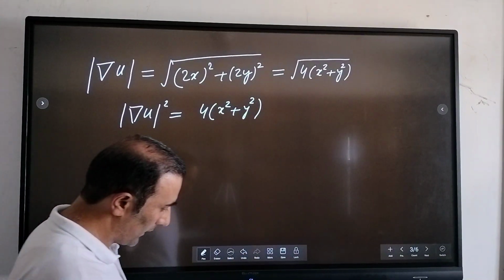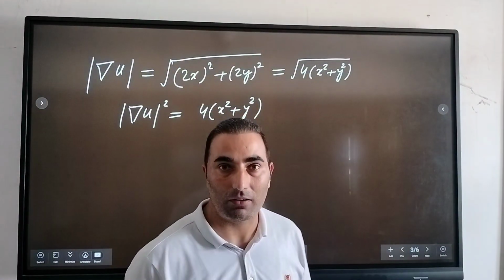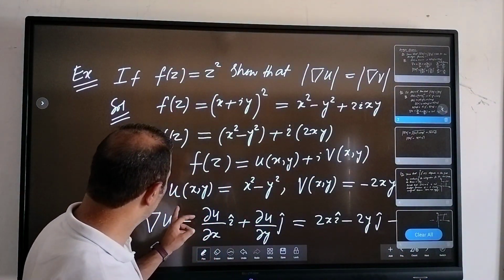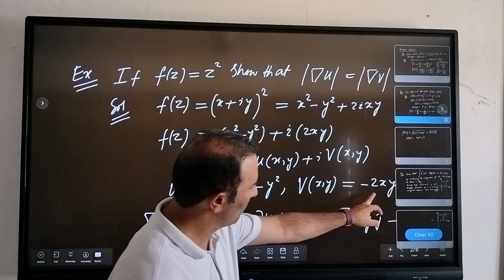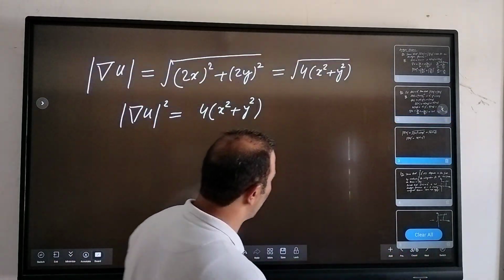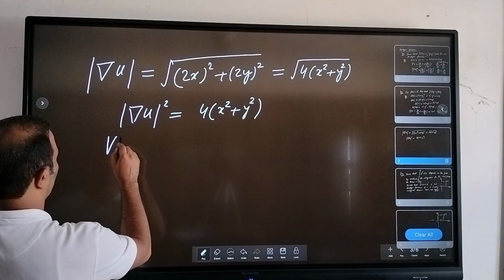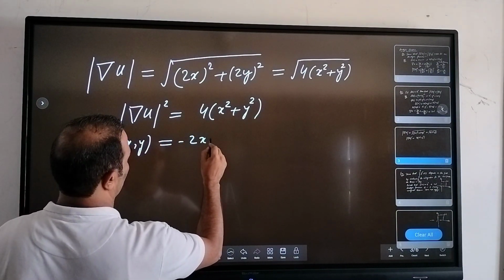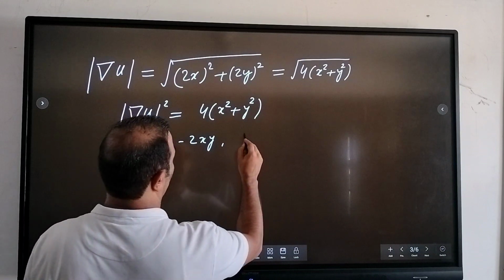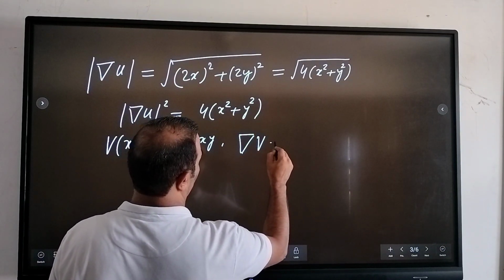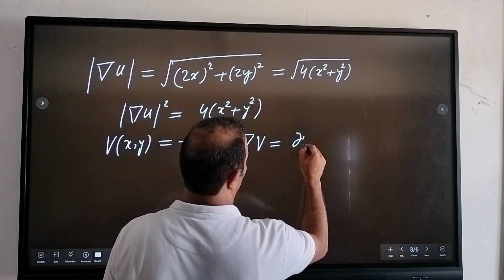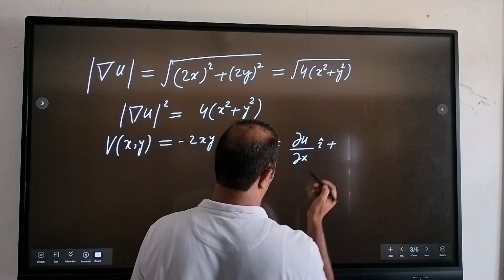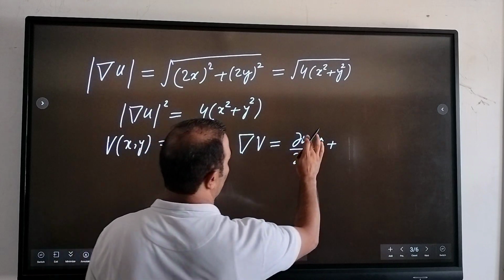And similarly, if you calculate now nabla of v, what's our nabla of v? We need to calculate with v equal to 2xy, so v of xy.